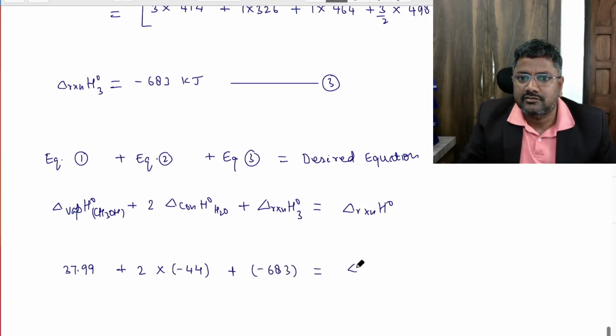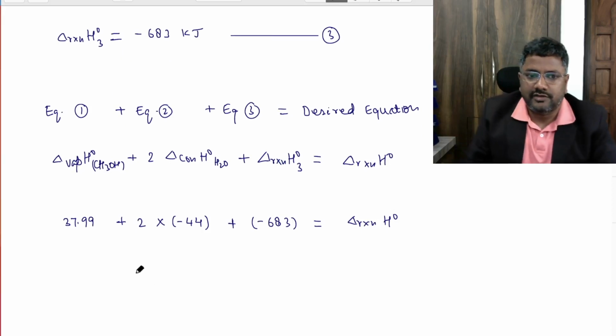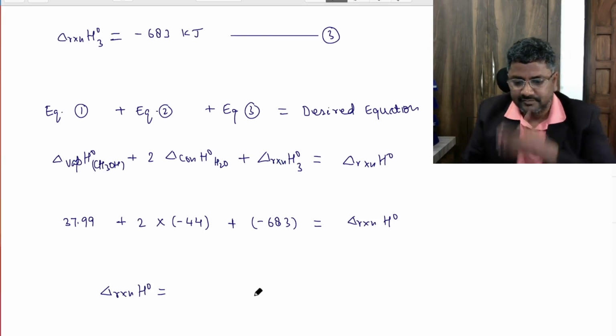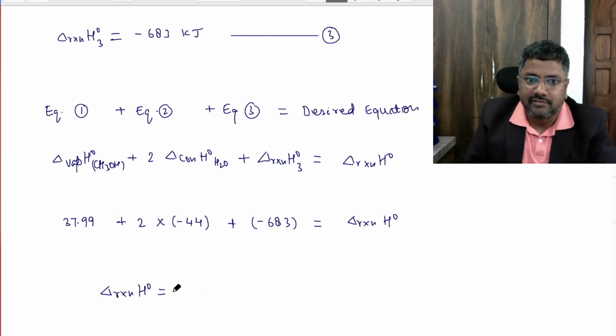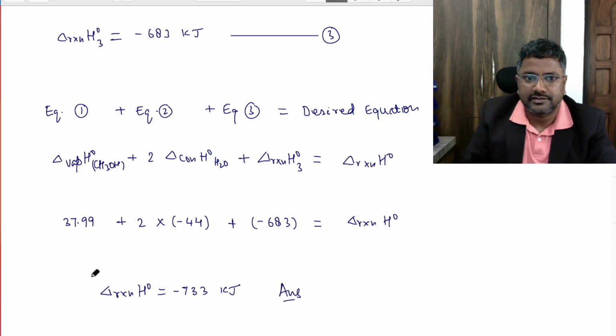This is the desired reaction. So if you solve this, you will have the answer. This is equal to how much? Minus 733 kilojoules, right? So this is the answer.